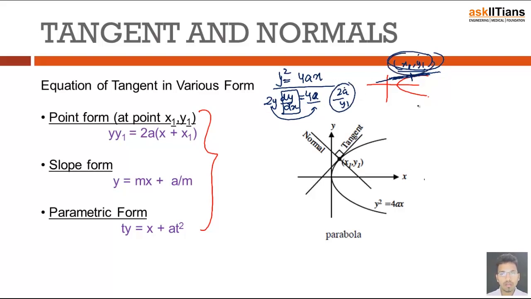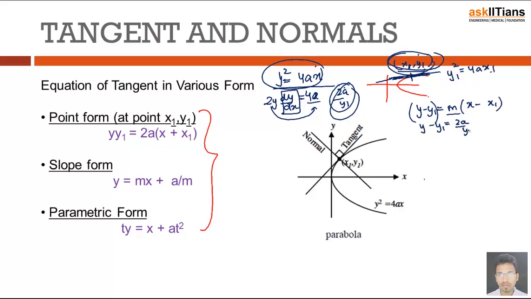Now we can find the equation of the line using the simple point-slope form. In this you can substitute m by this value, and for y1 we can use the parabola, where y1 square is equal to 4ax1. Let's see whether we can make use of that.